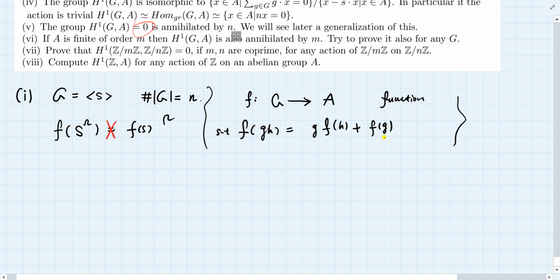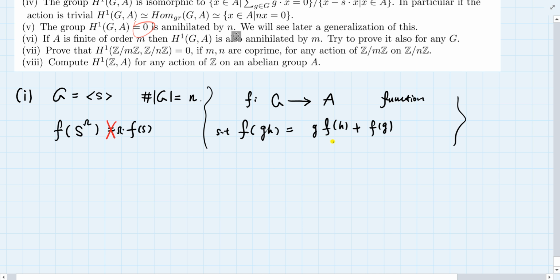So F(GH) is not F(G) plus F(H), which means somebody may wonder, since here we consider the cyclic group with multiplication and the abelian group with summation, people would ask if this is true, right? I say this is not true.